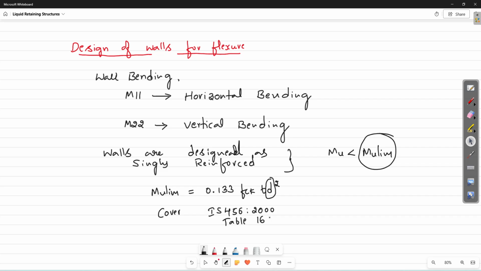Table 16 gives the nominal cover to meet durability requirements. Based on exposure condition, there is a table for nominal concrete cover. We take 50 mm cover for tank walls and base slab. So we will be using a clear cover of 50 for both walls and base slab. So this is the clear cover.